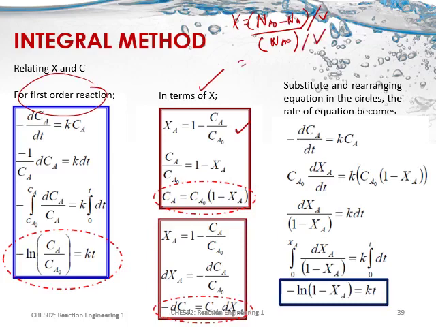Then you'll get CA naught minus CA divided by CA naught. Okay, so this is equivalent to this equation, whereby CA naught divided by CA naught is equal to 1. Then rearrange the formula and you have this equation: CA is equal to CA naught (1 minus X).